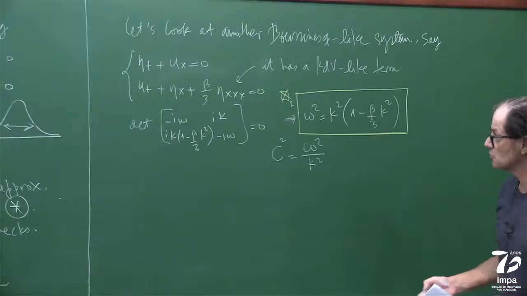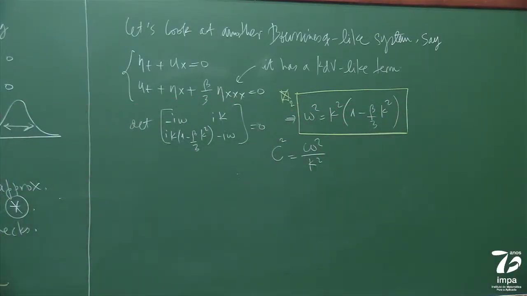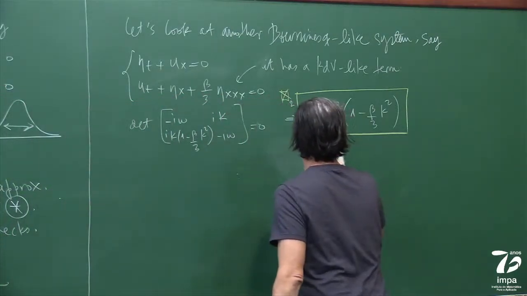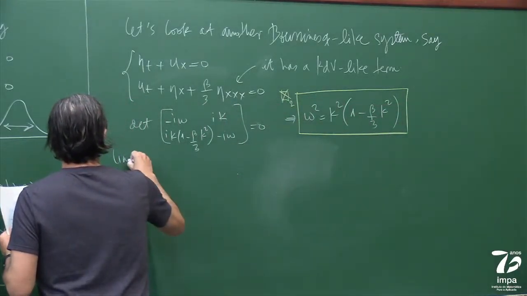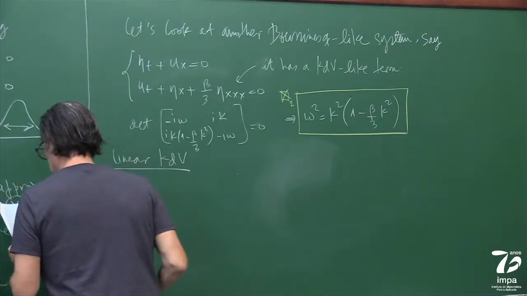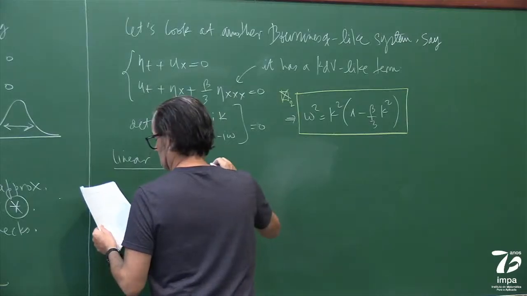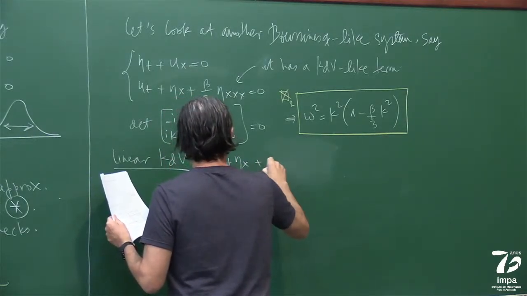Okay? So let me mention now, let's do the dispersion relation of the KdV, so I can mention another equation. And take this out so that we can get more space. So the linear KdV, right? The KdV appears in many forms. Let me write it in this way.